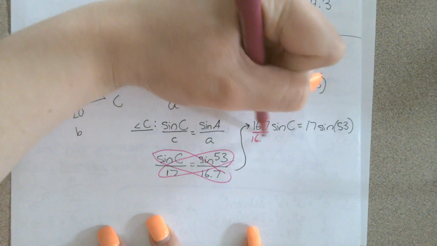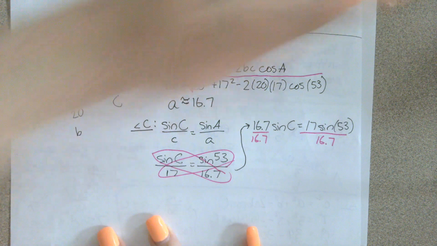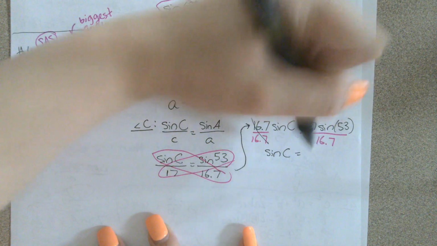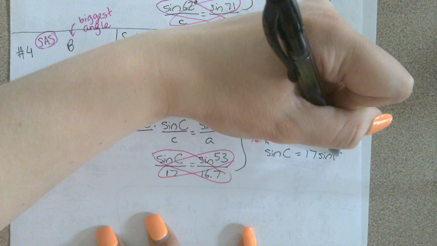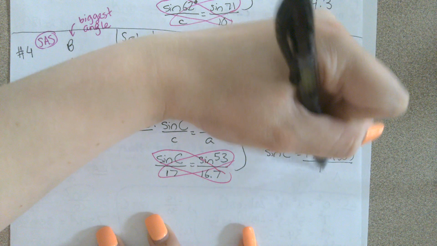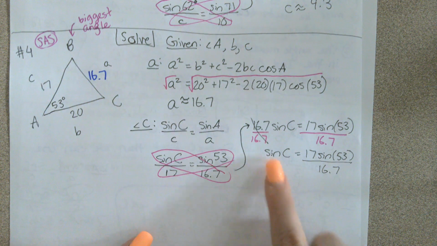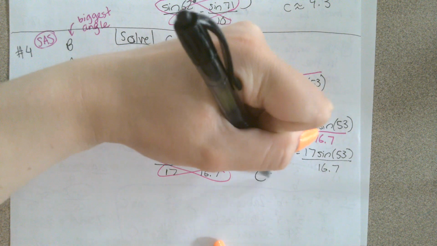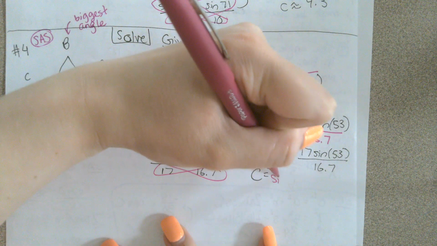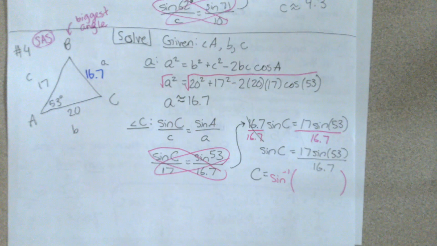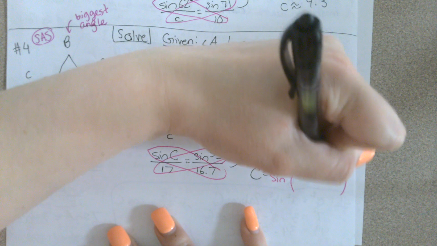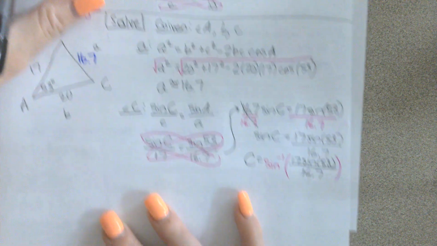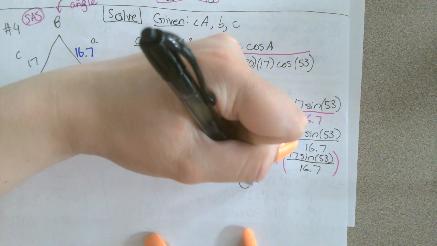Divide off the 16.7 on both sides. Canceled. Sine of C equals 17 sine of 53 over 16.7. Lastly, we take the inverse sine on both sides, that whole fraction. And then calculator to get our answer.